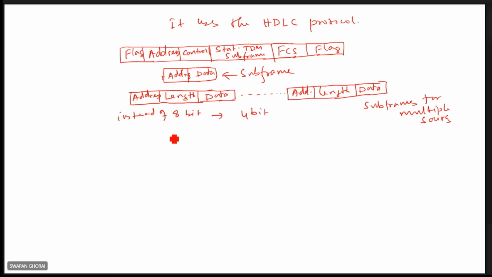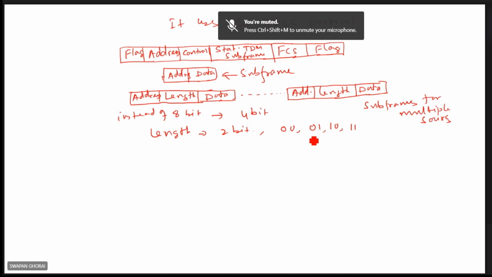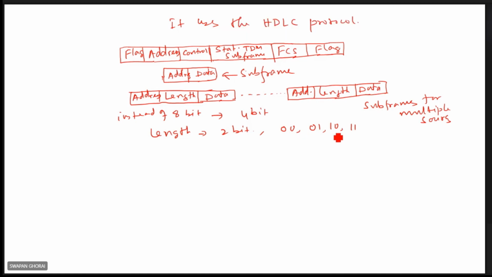Another thing is this length field. Generally you have seen the length field as 1 octet. But the length field also can be 2 bits, so 4 states will be there: 0 0, 0 1, 1 0, 1 1. 0 0, 0 1, 1 0 indicate that the data field will be 1 byte, 2 bytes or 3 bytes, right?